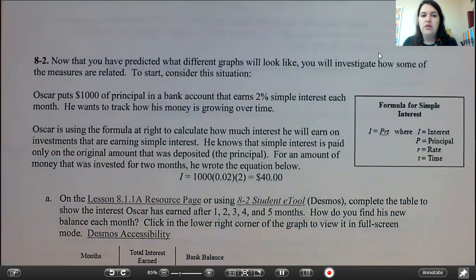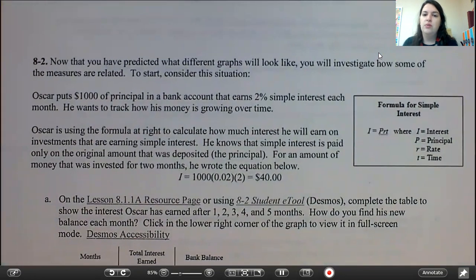8.2 says, now that you have predicted what different graphs will look like, which we did skip that problem, that's okay. You will investigate how some of the measures are related. To start, consider this situation. Oscar puts $1,000 of principal in a bank account that earns 2% simple interest each month. He wants to track how his money is growing over time.